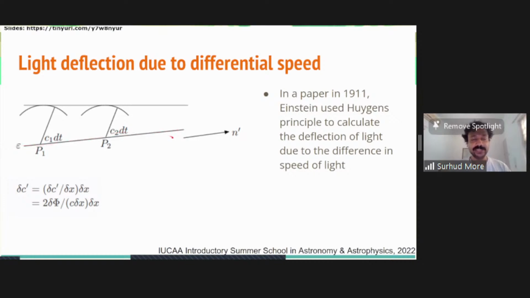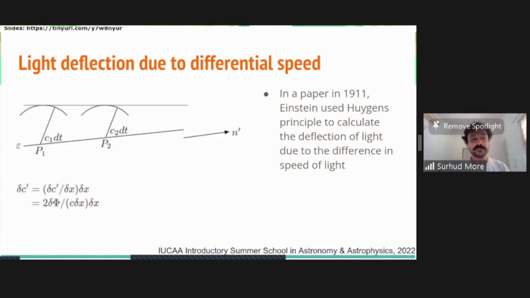And you can see that it's a planar wavefront, so we are very far away from the source. That's what we are considering. And according to Huygens' principle, each and every point on this wavefront acts as a source of further wavelets. And these wavelets, if you then consider the envelope of these wavelets, then it tells you what the wavefront should look like at any other given instant.